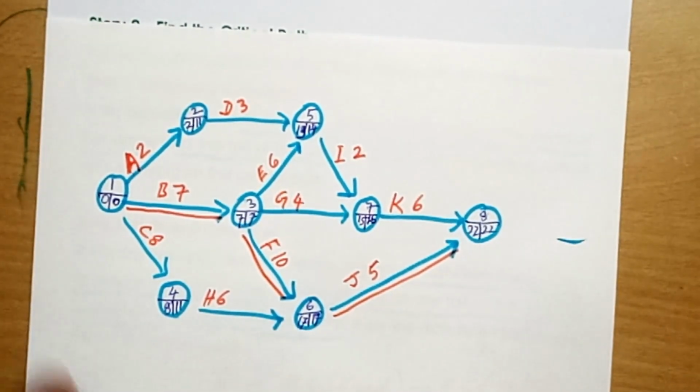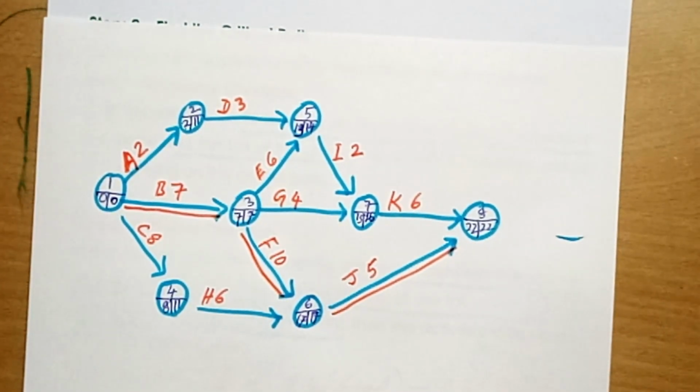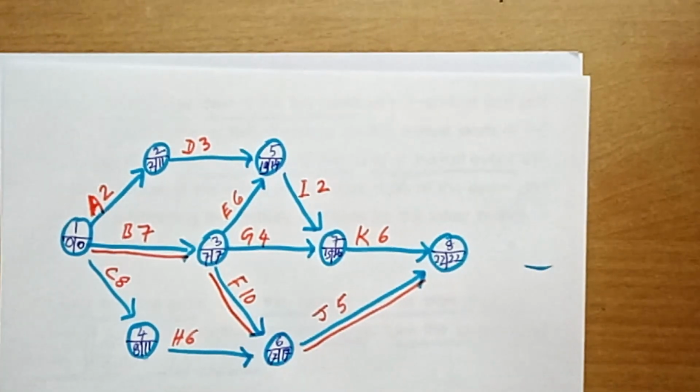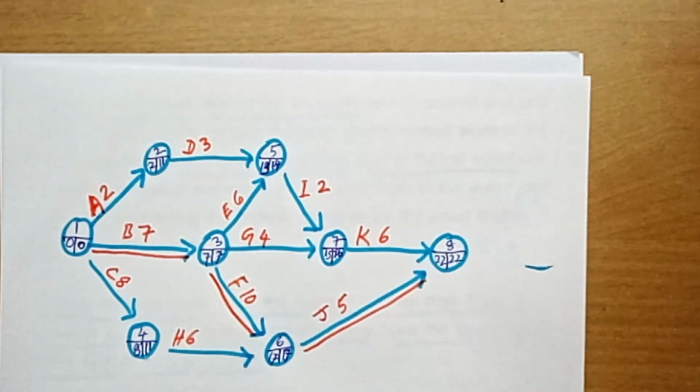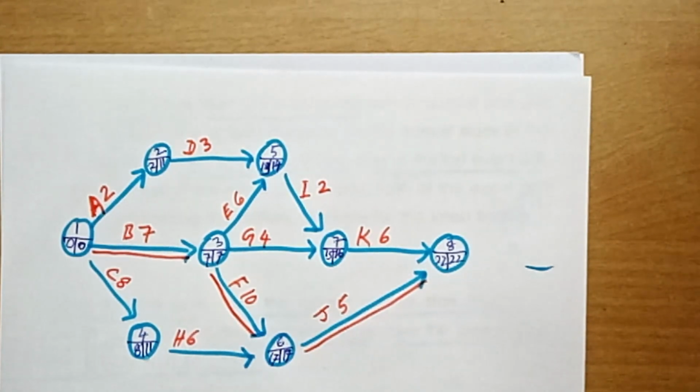So in this diagram we have three critical activities forming the critical path. So students, we have seen how critical activities are identified, and that way how the critical path of the entire network is identified.